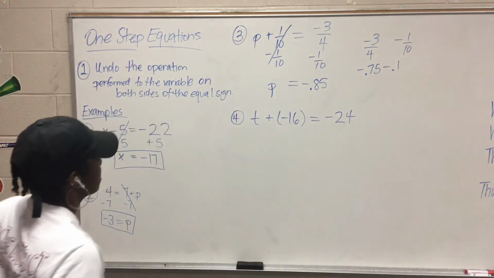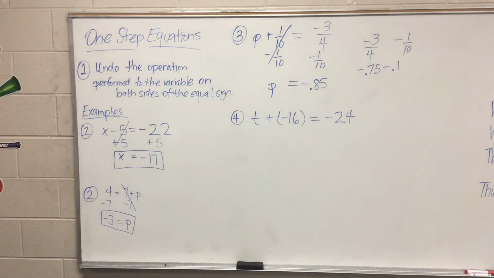Negative 0.85. Now, number 4. Try number 4. You can pause it at this time.